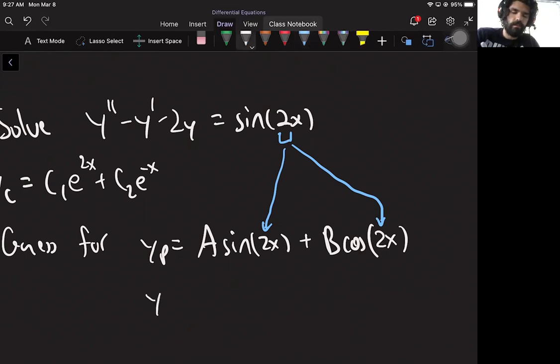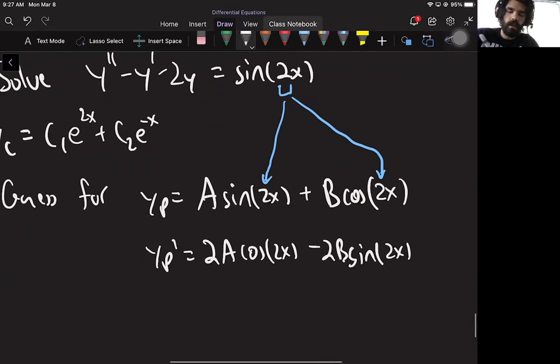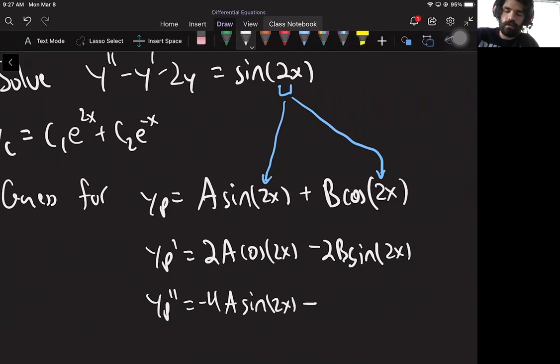And then you're going to have to do the same thing. So you're going to take derivatives and plug them all back in. So I don't want to do it. It'll take way too long.